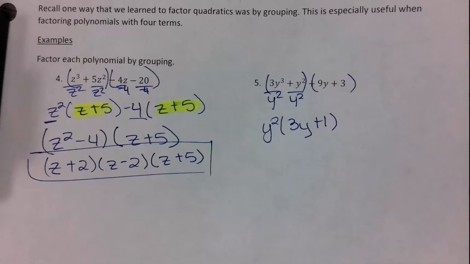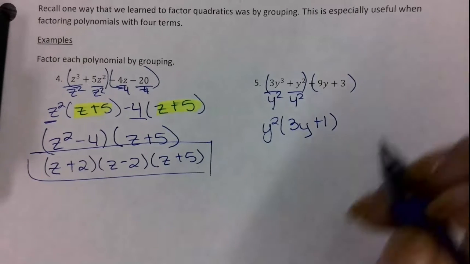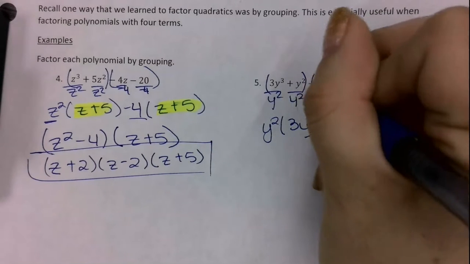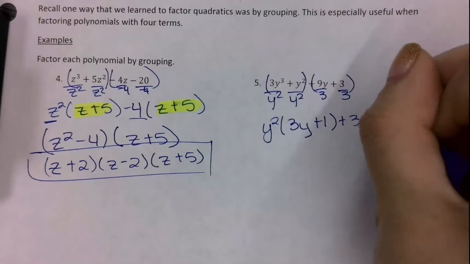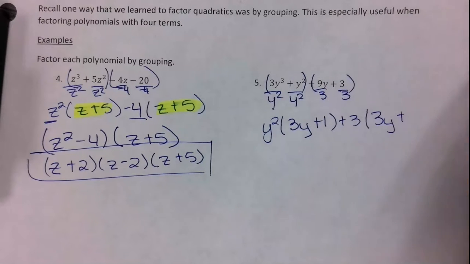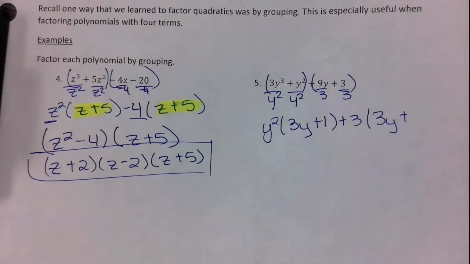What can I take out of my second group? So then I get 3y plus 1. Anything divided by itself is always 1.